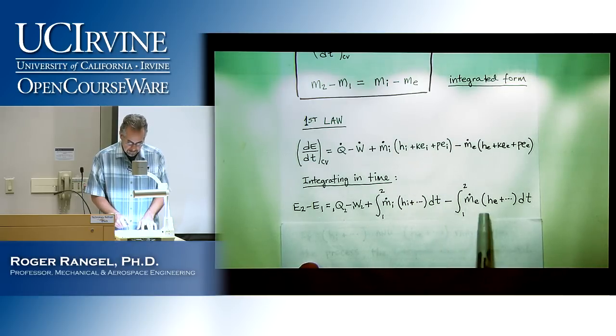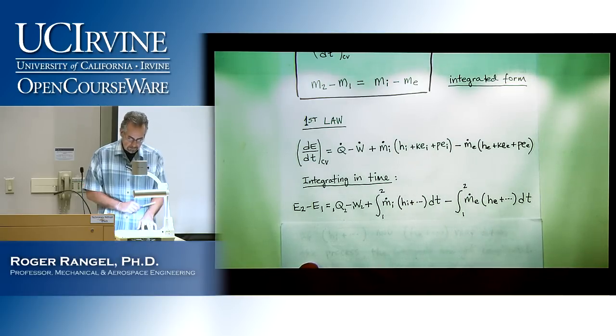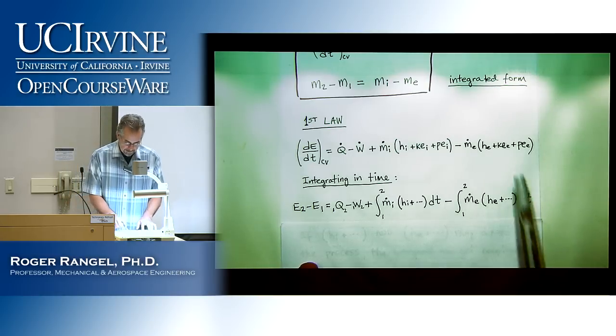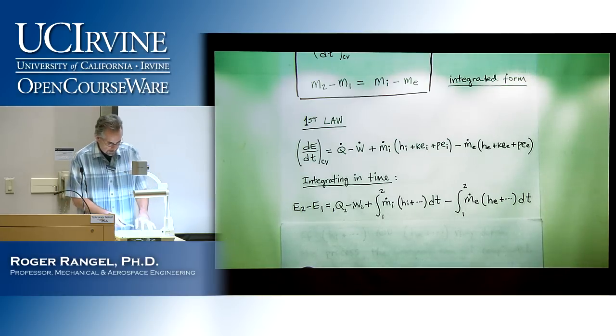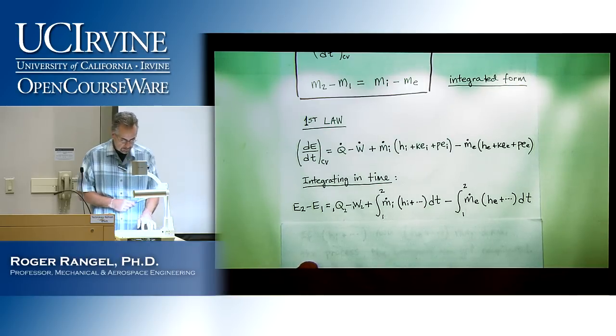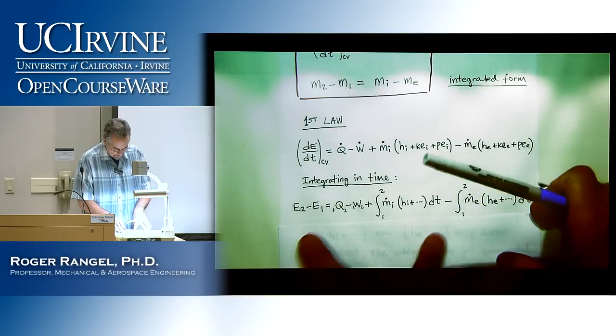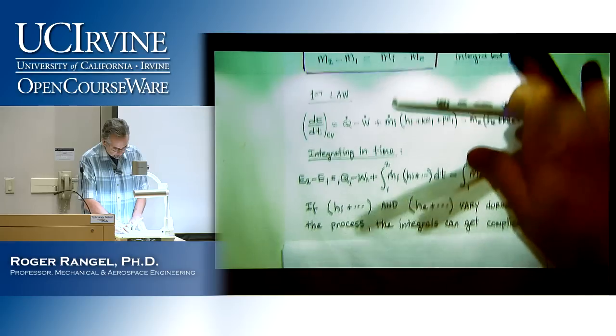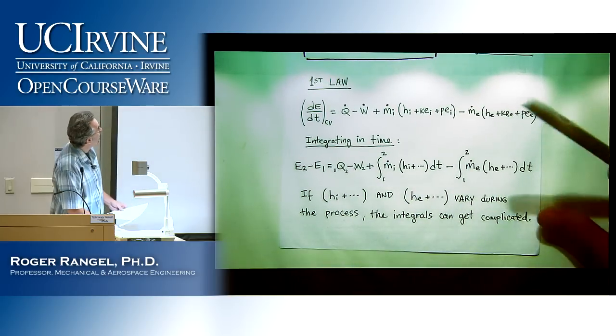The same thing for the exit: the integral from 1 to 2 of m dot E, times the parenthesis terms, dt. Now, this is not a trivial quantity to integrate unless something happens.